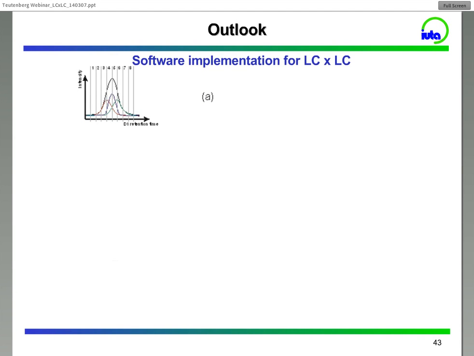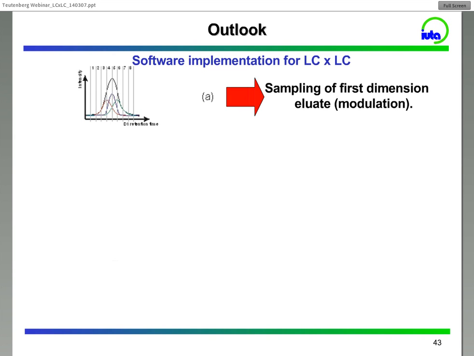Now, what are the steps you need? I've marked this here. First of all, you have the sampling of the first dimension analyte, which means you make your modulation. This means, as you can see here, you collect several fractions over your peak, which is called the modulation.